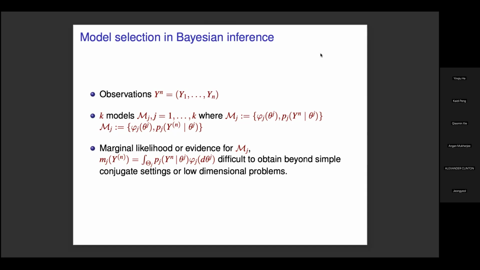A model is simply a collection of a prior on your parameter and a likelihood. So we have k choices of this likelihood-prior combination, and a standard way to select between different models would be to look at the marginal likelihoods for these different models and choose the one with the highest value.